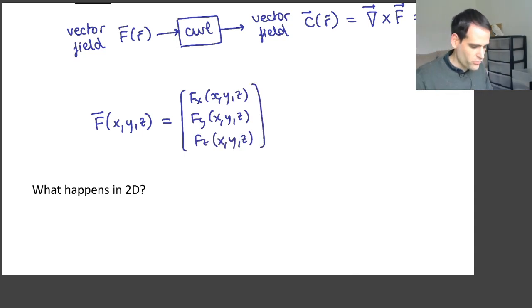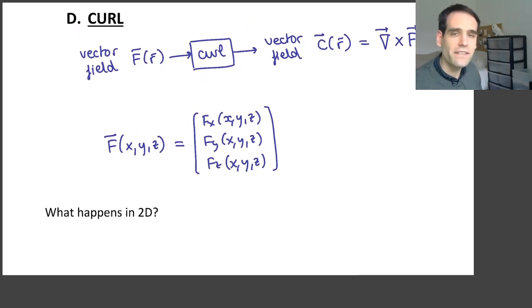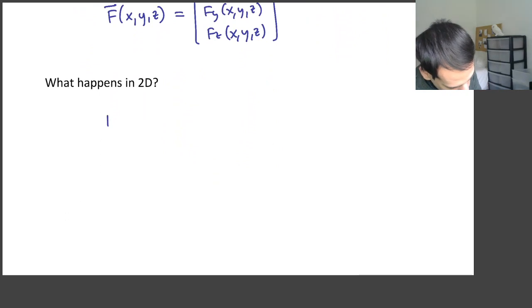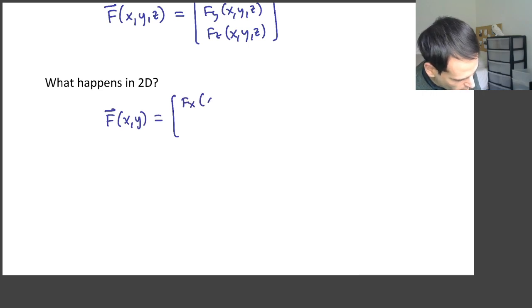But now if I want to show you examples in 2 dimensions, I need to assume that we have a vector field in 2 dimensions, right? So it would look something like this. We have 2 components, the x component as a function of x, y, and the y component as a function of x, y.